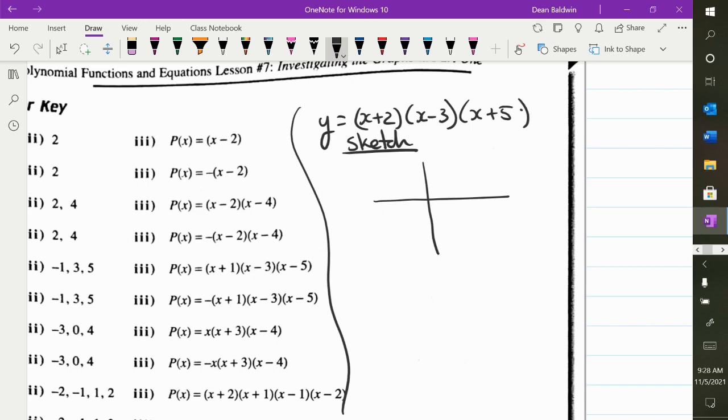What is the degree of this polynomial? It's odd, right? Because x times x times x would be x cubed. So this is a degree that is 3, or odd.